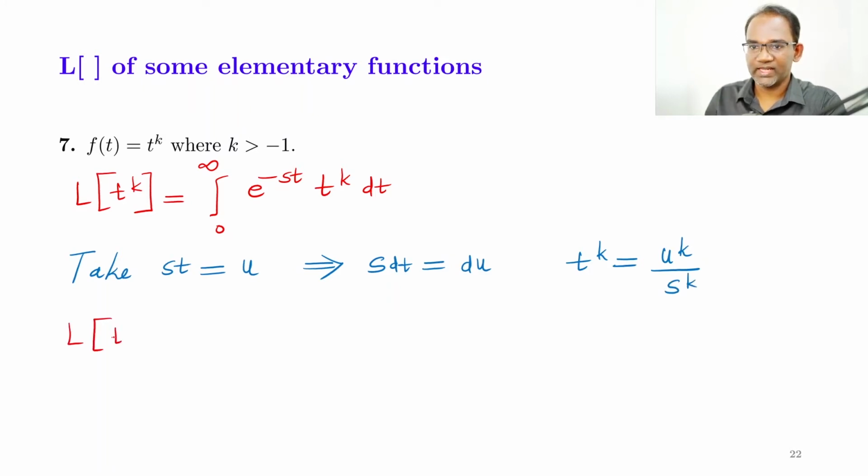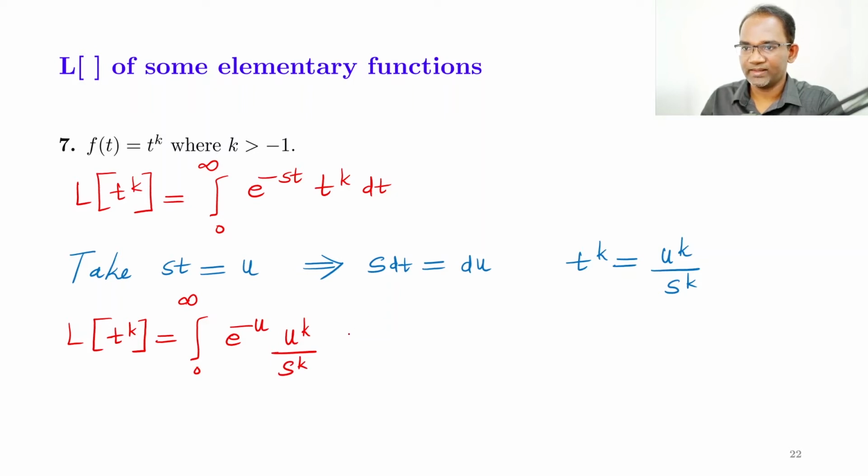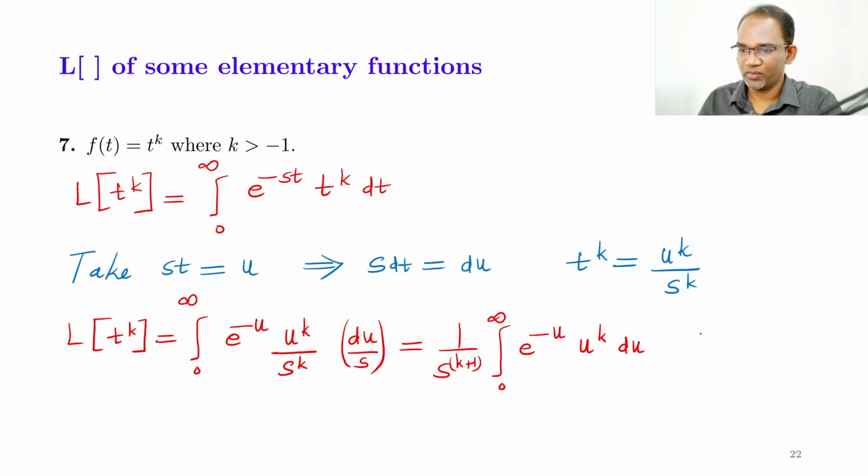Therefore, Laplace transform of t power k is equal to integral 0 to infinity e raised to minus u, then u power k over s power k, and dt is du over s, and this is equal to 1 over s power k plus 1 integral 0 to infinity e raised to minus u, u power k, then du.